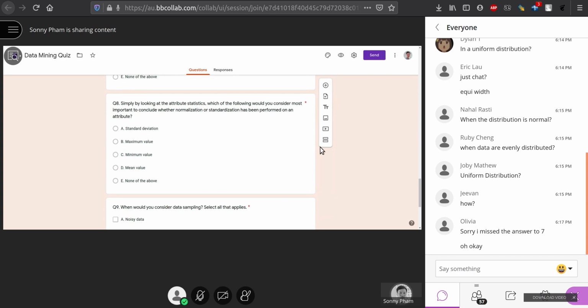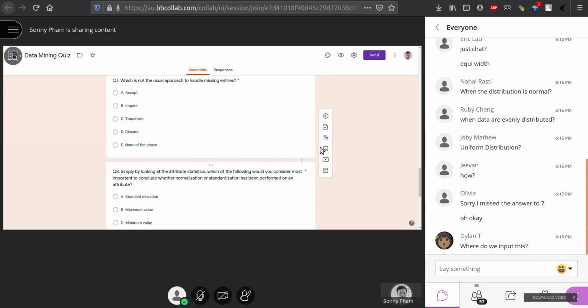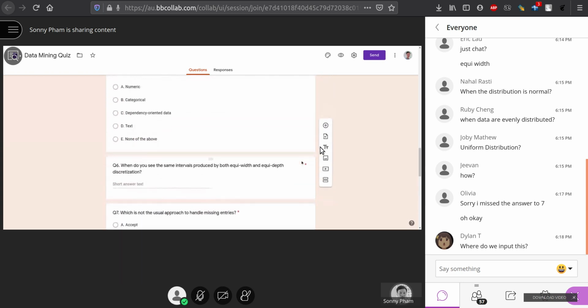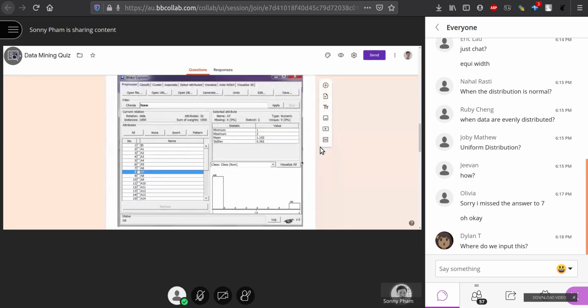I'm not sure if this question makes sense to you, but let me make it easy for you by going back. I will run a poll quickly. But what I would like to explain first is that this is a typical view of the Weka Explorer interface.